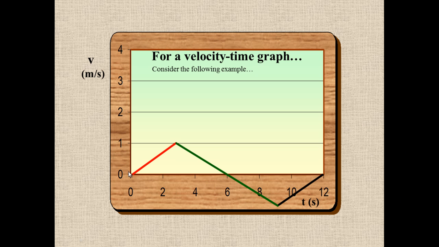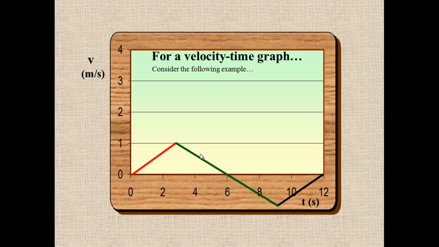Now if I was to explain exactly what's happening at each point, this red line here shows the car accelerating in a positive direction. Let's say the car can only move left or right, and we pick the left movement to be our positive value. What's happening here is the car is accelerating away from that point, going left.